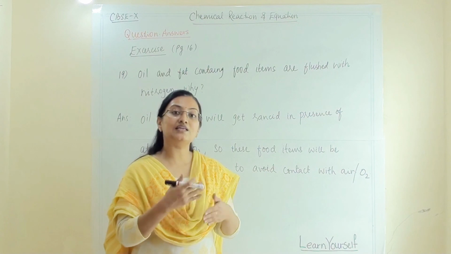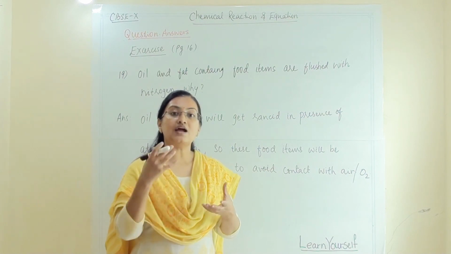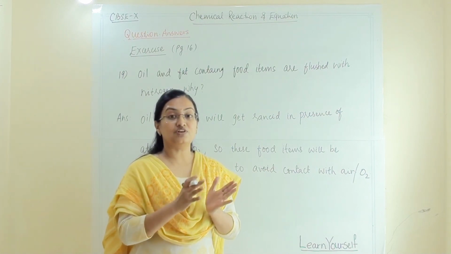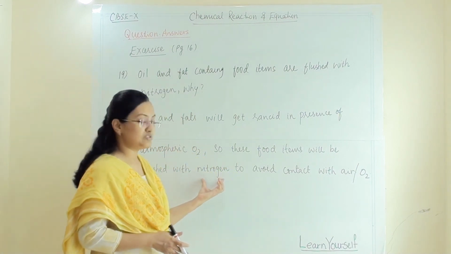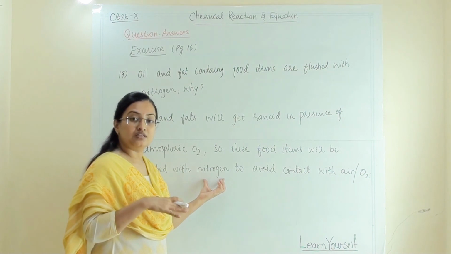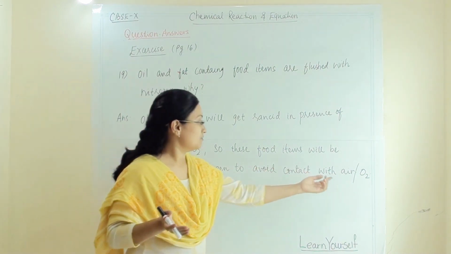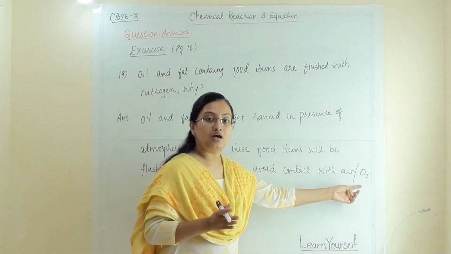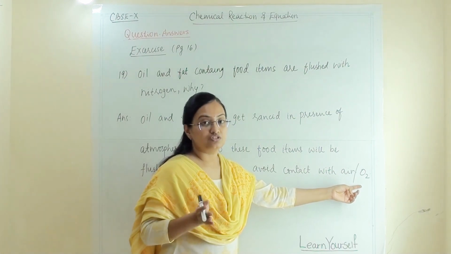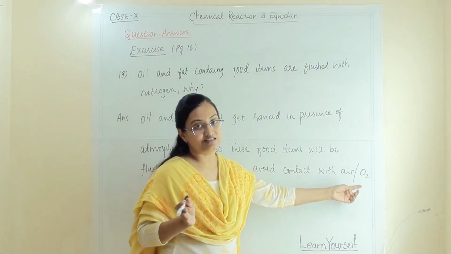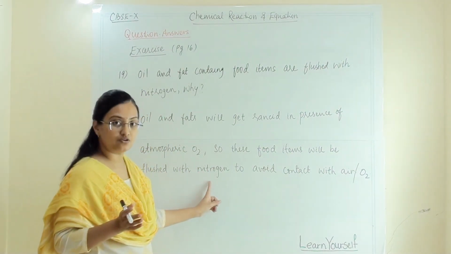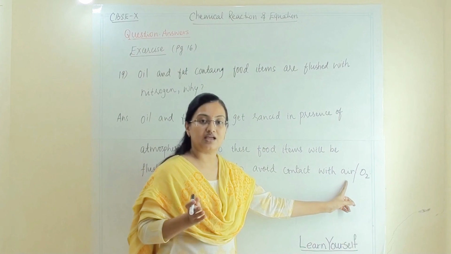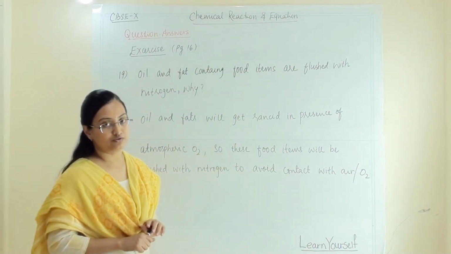So to avoid that contact, we are not adding air, we are replacing air with nitrogen. When it comes in contact with nitrogen, it will not get rancid. But when it comes in contact with air or oxygen, it will get rancid. So we are flushing with nitrogen to avoid contact with air or atmospheric oxygen.